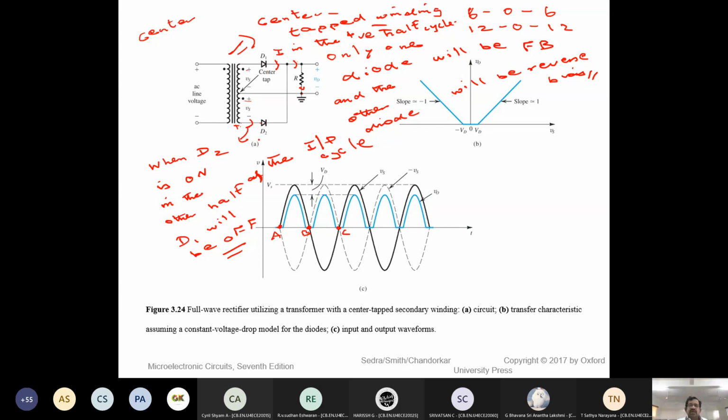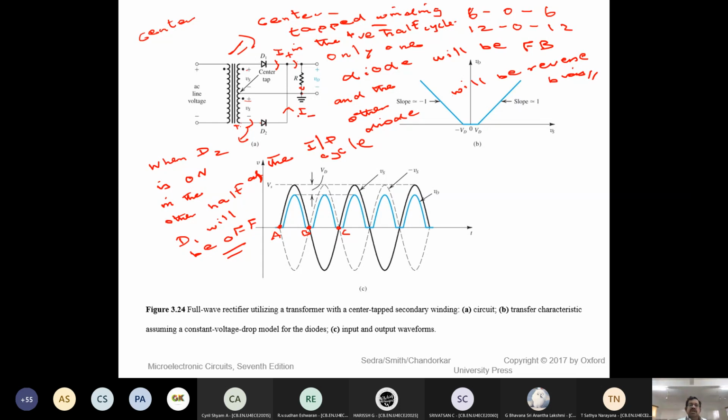With that idea, you are able to get only one diode turned on at a time in a full wave rectifier. In the positive half, the output will come from D1 because the current will flow like this. Now in the second half, this terminal acquires a positive, which means the P is connected to positive, so D2 will be under forward bias, and the current will flow in this direction.